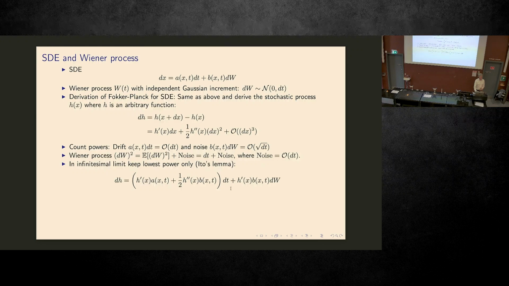Compared to the naive application of just keeping the first order term, we get a second order term here, because some of the noise actually contributes to the drift. So noise goes into the drift and gives this second order term.